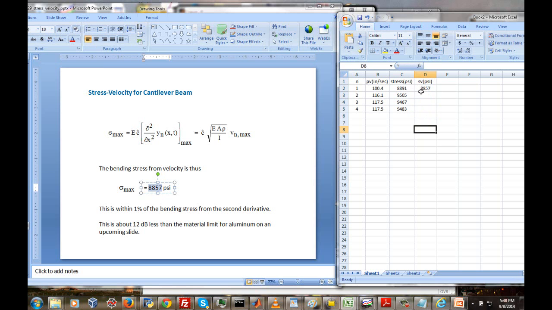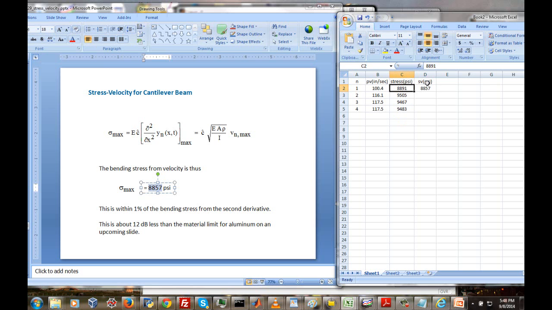So we're pretty close. Our stress velocity value is within 1% of the stress value from just our pure analysis, going through the partial differential equations and doing the modal transient. Actually, the C column here, we should refer to this as the modal transient method.